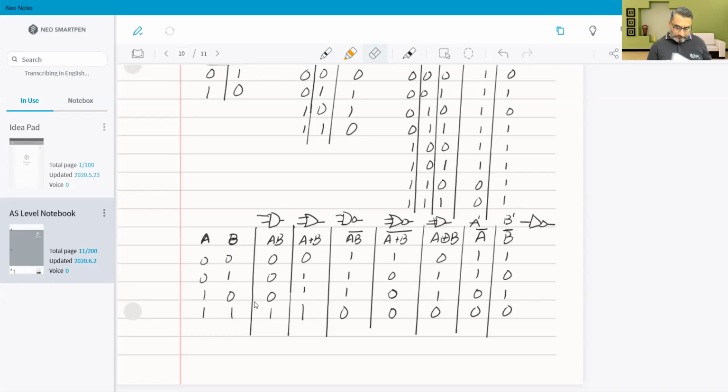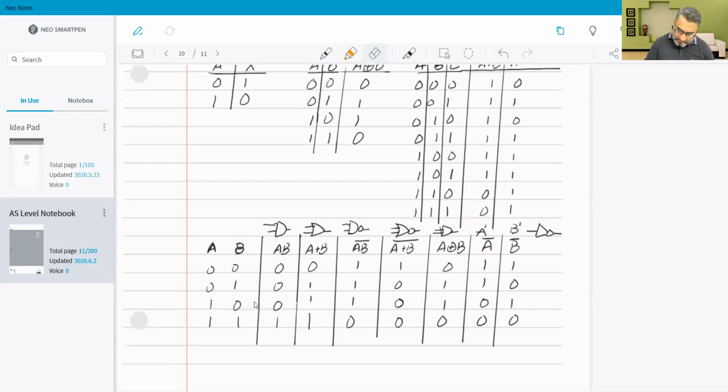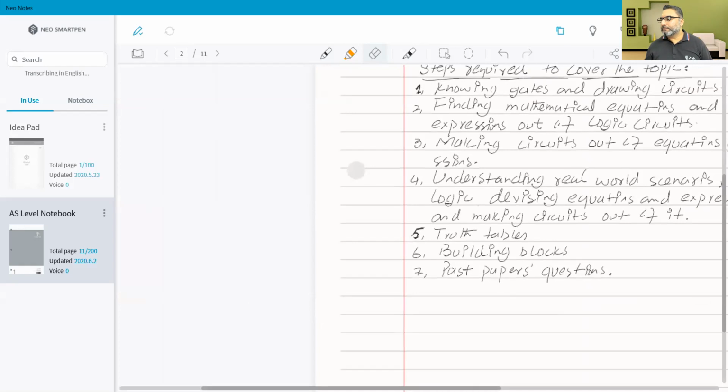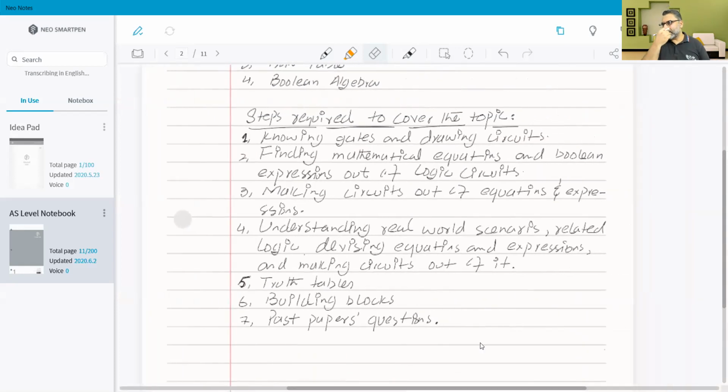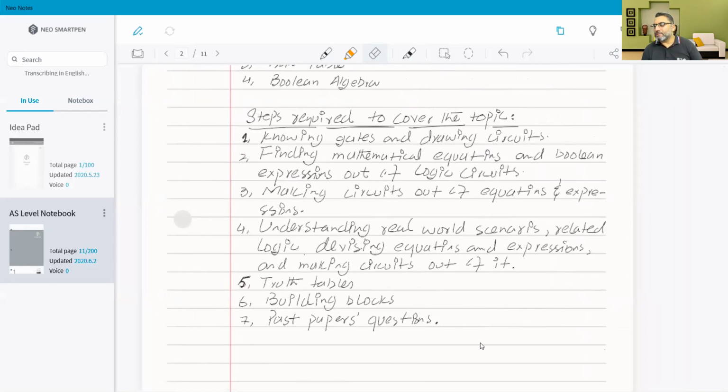Now, let's get back to these steps required to cover the topic. So truth tables, we discussed truth tables, and then we discussed multi-input logic gates, and afterwards, now we are going to discuss building blocks.